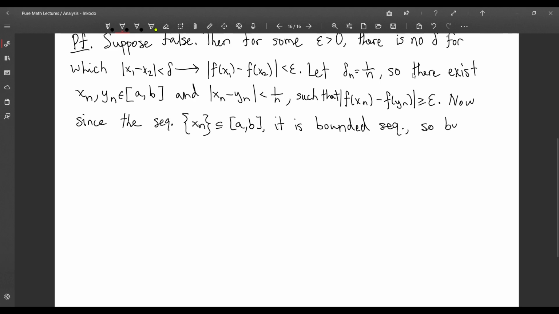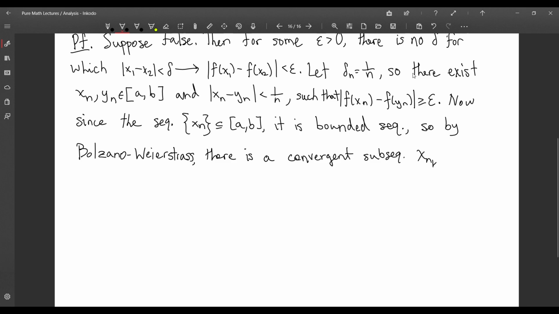So by the Bolzano-Weierstrass theorem, there is a convergent subsequence, which we will call x sub n sub k, and let's just say this converges to p.